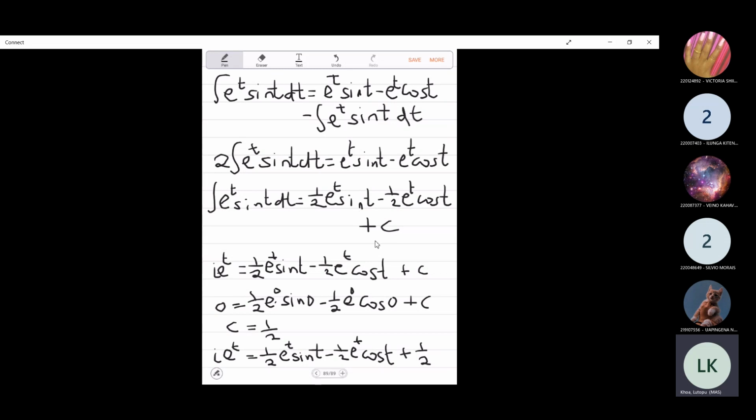Okay, then we can multiply everything by 2 so that the half cancels, and also divide everything by e to the power of t. So see, there's e to the power of t, e to the power of t, and so on. But I think that is also fine.